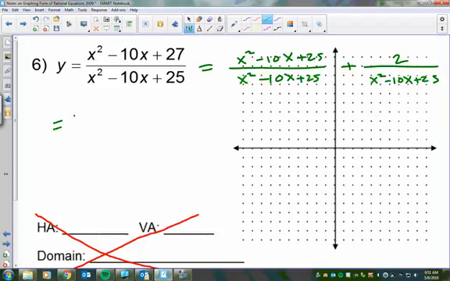So it turns out to equal 1 plus 2 over x minus 5 squared. Is that better than the long division? Not necessarily. And it's about the same amount of writing, I think, but whatever. Okay? The long division is always going to work.